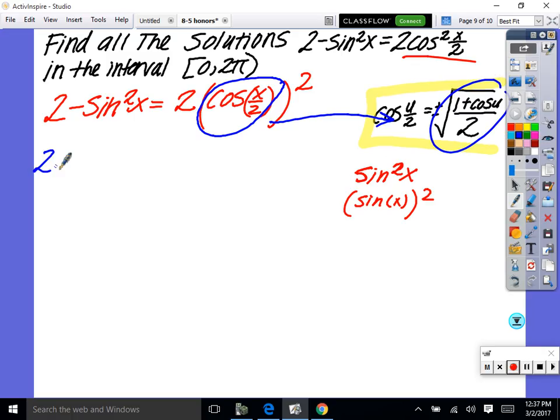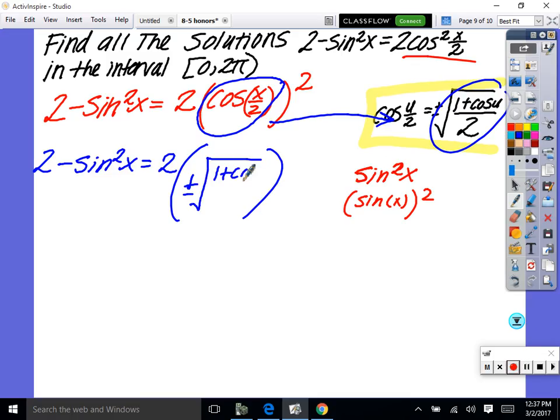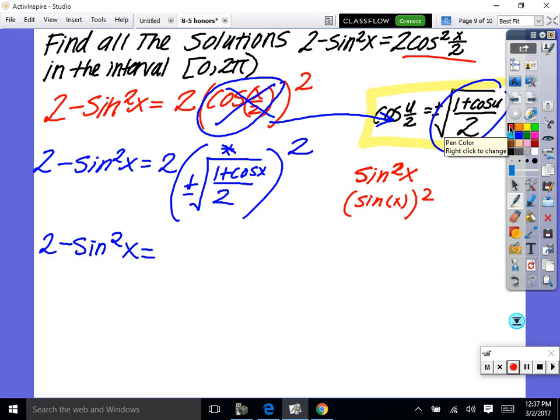So we have 2 minus sine squared x equals 2, and then instead of cosine of x over 2, we have plus or minus the root of 1 plus cosine of x all over 2, and then isn't that squared? So I just rewrote that piece as what it's equal to. Isn't a positive and a negative squared always positive, first of all?